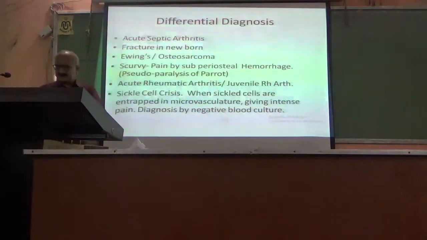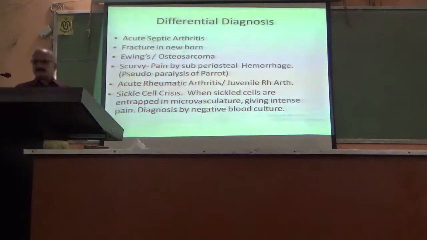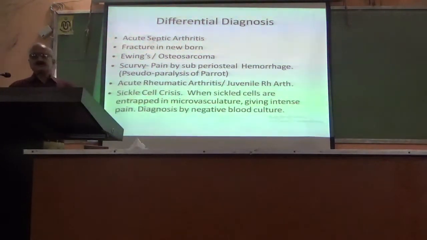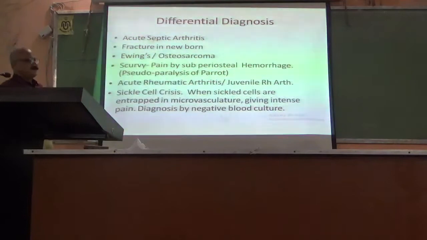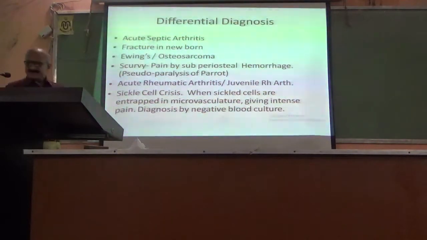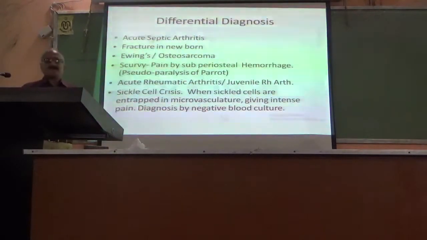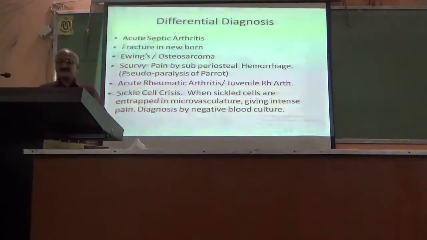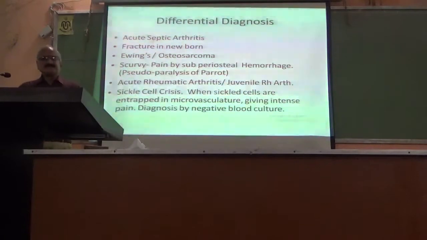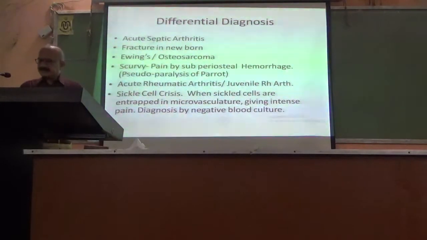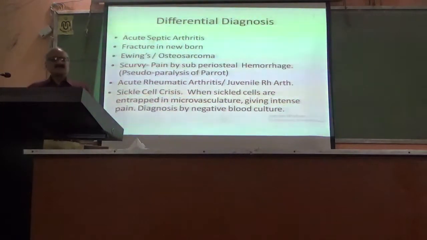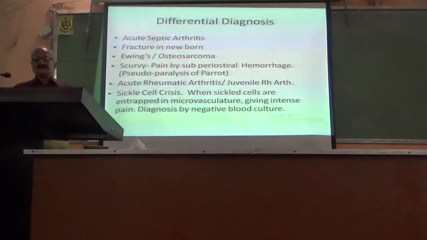Then differential diagnosis. This is very, very important because we have a whole plethora of conditions which can mimic acute osteomyelitis: acute septic arthritis, and even a fracture in a newborn can give rise to a picture mimicking acute osteomyelitis. Then Ewing's sarcoma or osteosarcoma.